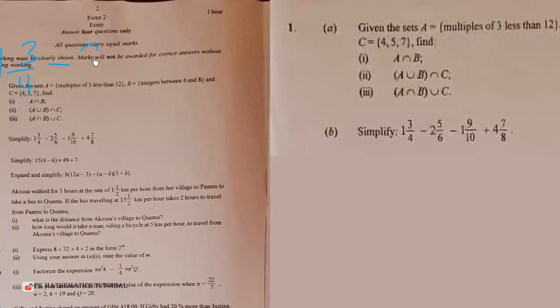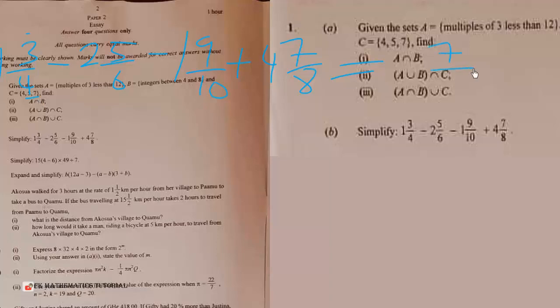Now let's look at the B part of the question. We have 1 whole number 3 over 4 minus 2 whole number 5 over 6 minus 1 whole number 9 over 10 plus 4 whole number 7 over 8. So let's convert these to improper fractions. 1 times 4 is 4 plus 3 is 7.